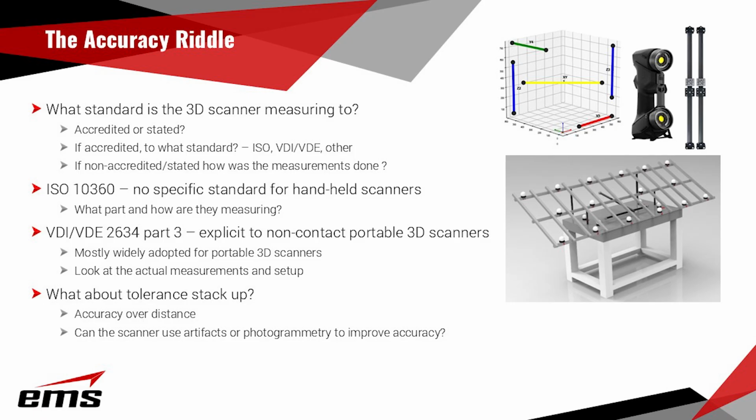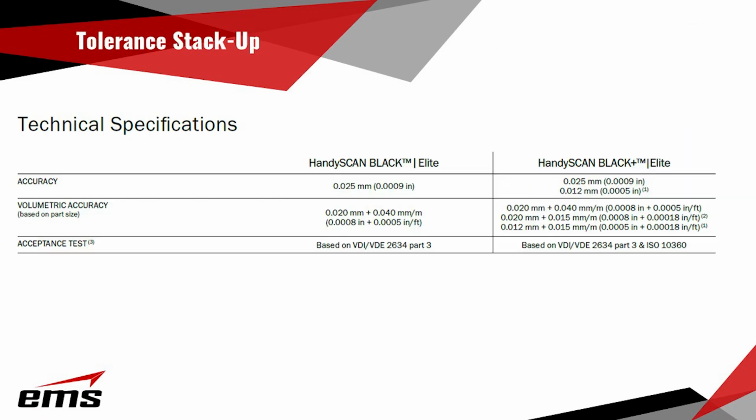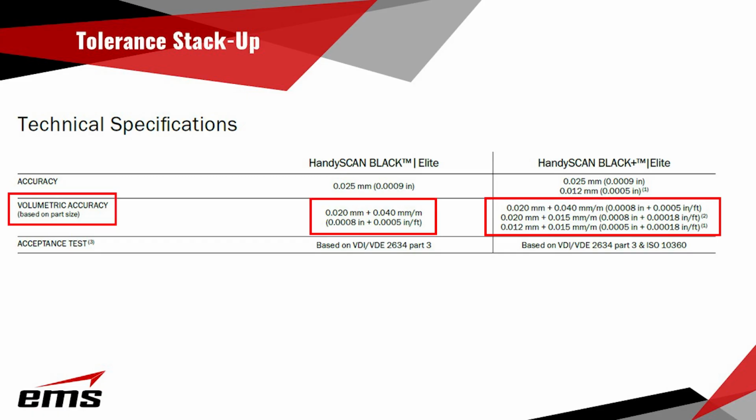Okay, because the other thing you've got to look at is tolerance stack up. Okay, and what is that? That is accuracy over distance. So you'll get accredited measurements off of something, but that's going to be within a certain range, a certain distance. What happens when you're scanning parts bigger than that?